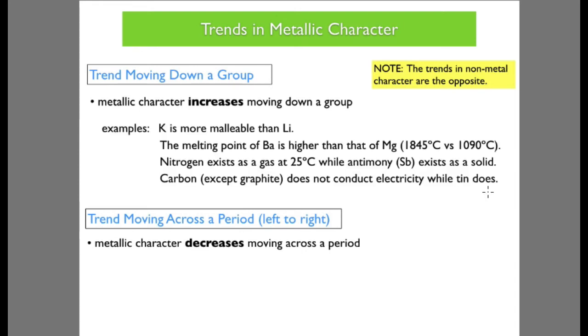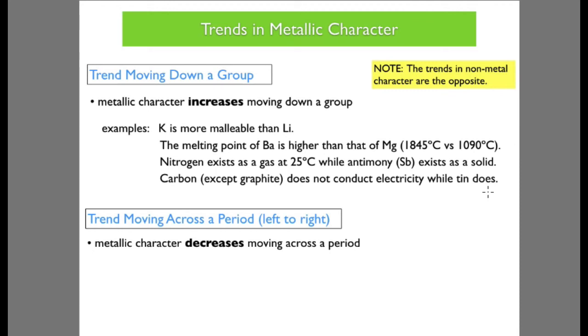Let's have a look at the examples. So potassium is more malleable than lithium. Okay, so you go down a group from lithium to potassium. Potassium is more malleable, it has a greater metallic quality. The melting point of barium is higher than that of magnesium, so you go down a group and the melting point is increasing. Nitrogen exists as a gas at 25 degrees, whilst antimony exists as a solid.